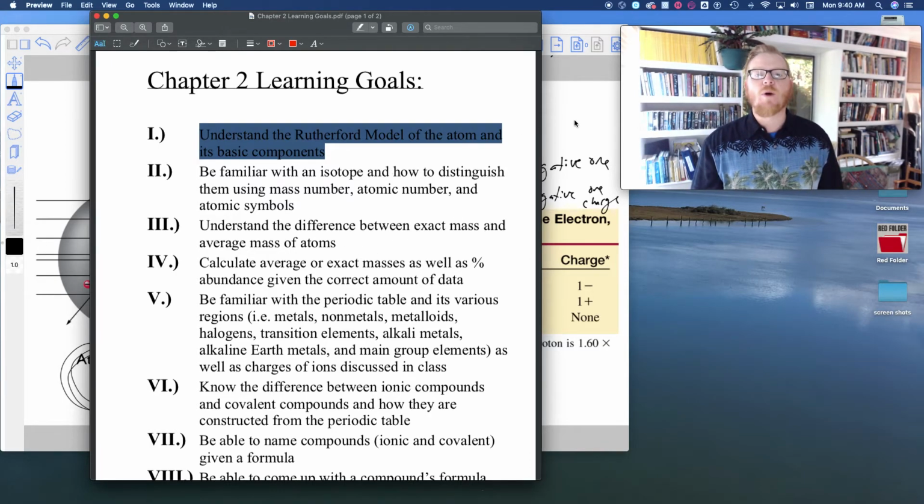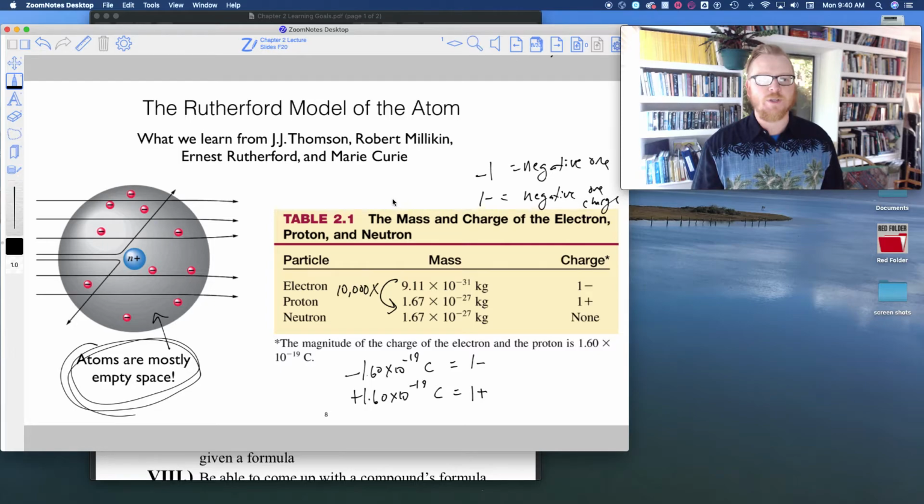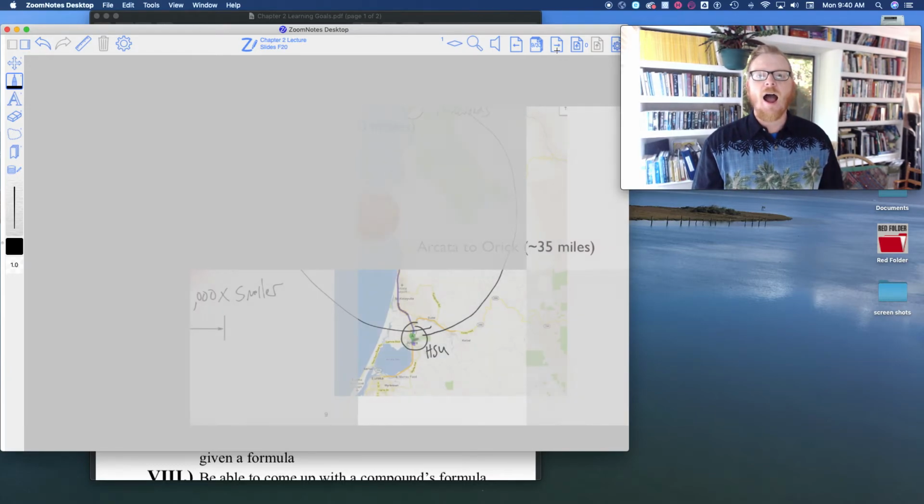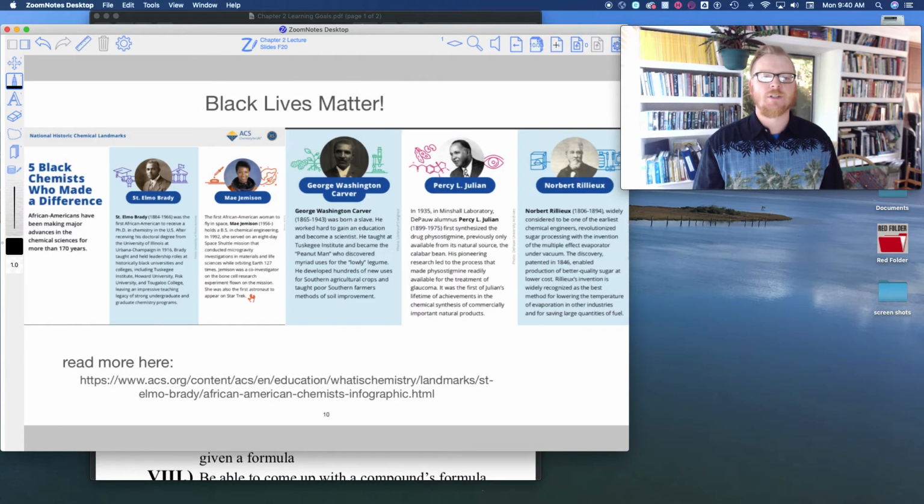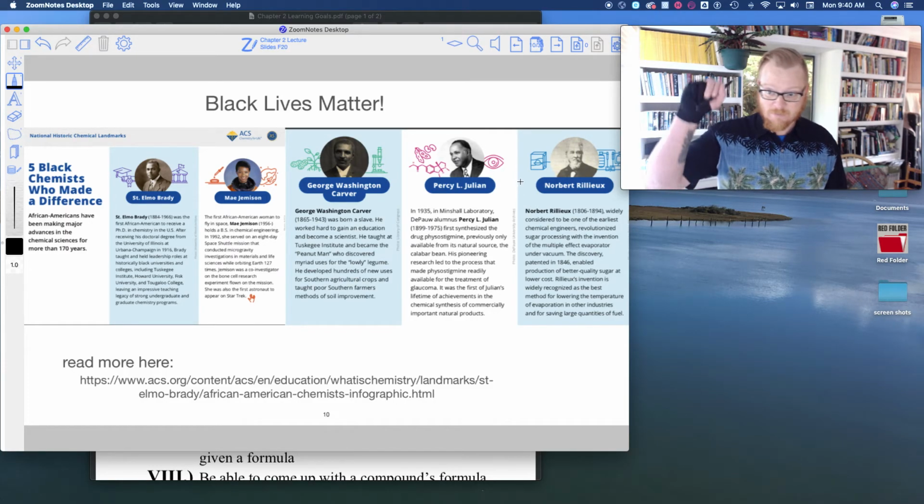Okay. So all these folks that we talked about, they're legends, right? We memorialize them. We know their names. We name atoms after them. We name units after them. I wanted to tell you about some folks that maybe you've never heard about, okay?